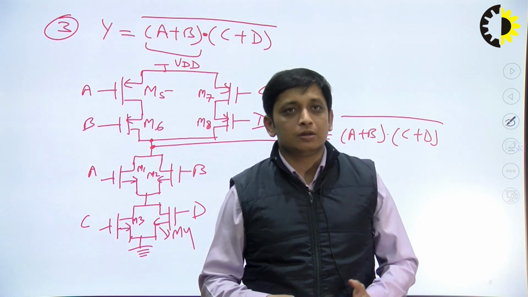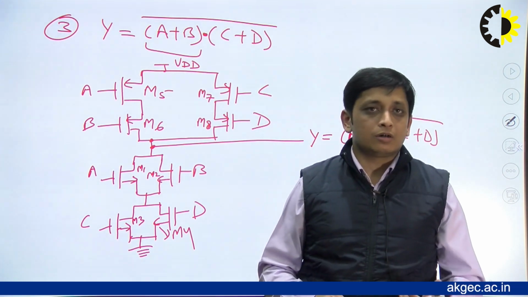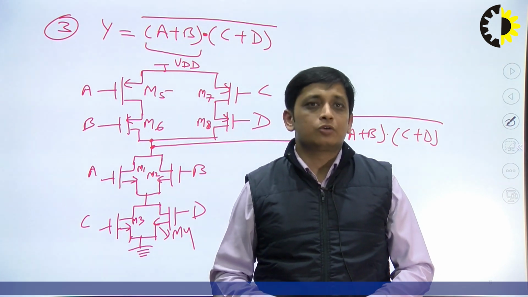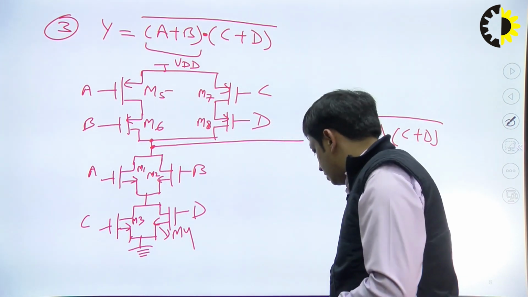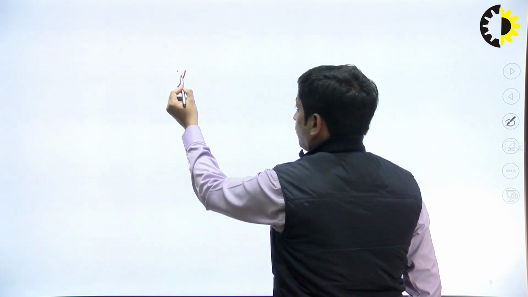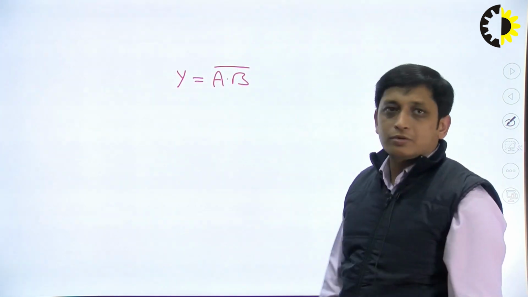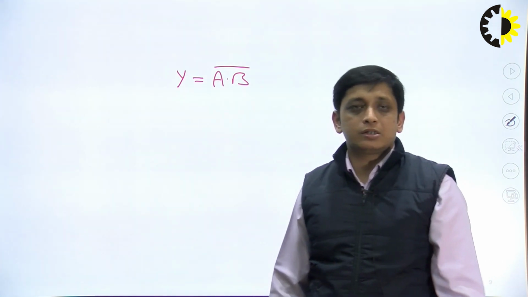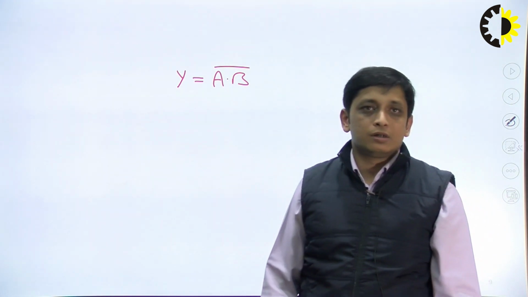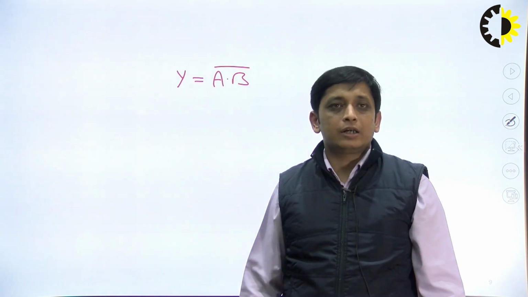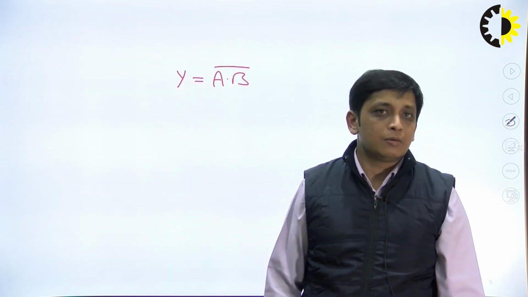For example, you drew the CMOS structure of the two-input NAND gate and two-input OR gate. In the NAND gate, Y is equal to A dot B whole bar. So it is a two-input NAND gate. It will require two NMOS transistors and two PMOS transistors. NMOS transistors will be in series for this NAND gate, right?